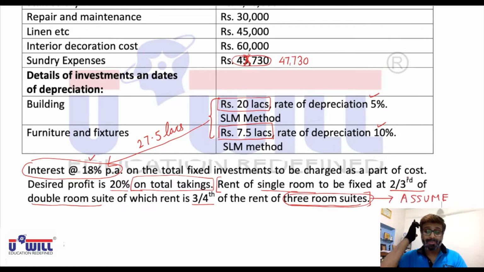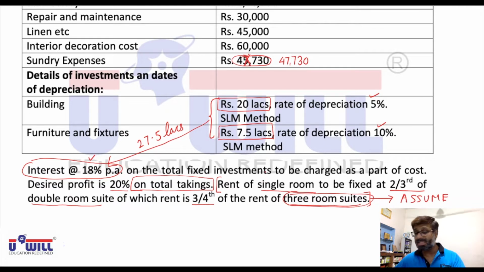I repeat, in this question we will have to assume the rent of 3-room suite because single room is expressed as 2/3 of double. Means to know the rent of single room we must have the rent of double room, and double is 3/4 of 3-room. So to know the rent of double room we must know the rent of 3-room. Means first we must know the rent of 3-room, from that only we can find double room, and from that only we can find single room.